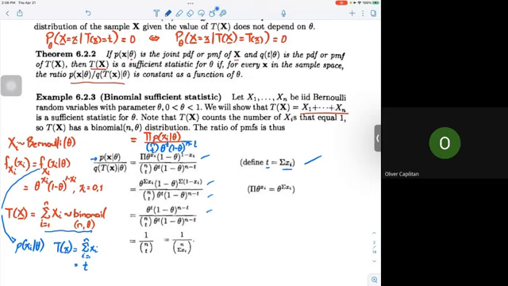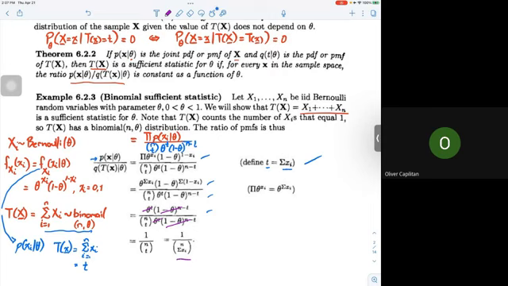And then this would cancel out, as well as this. So we are left with this expression, 1 over combination of n things taken t at a time. Or simply, we have this expression.